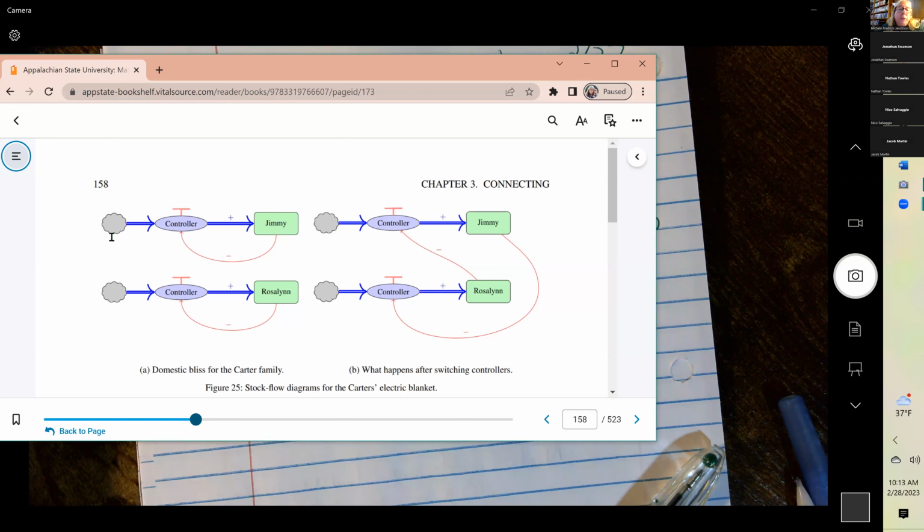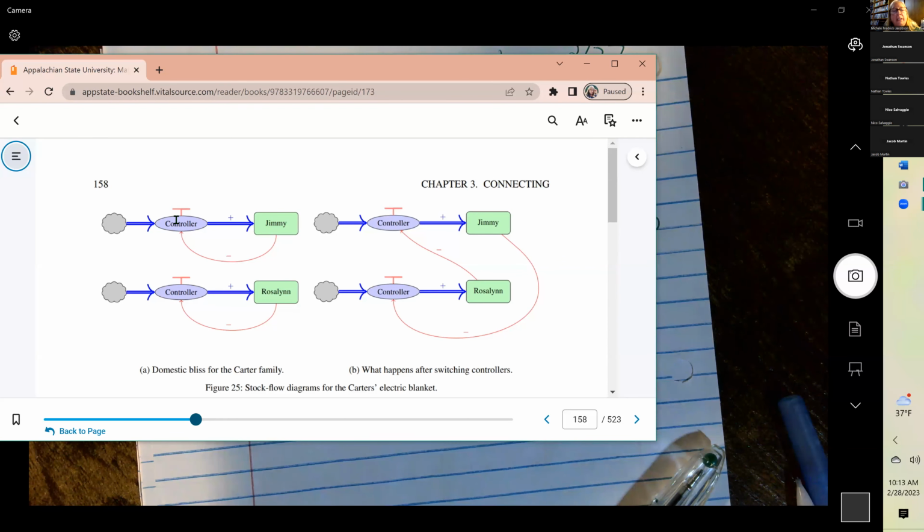Now this one is showing when they get it put on the right side. Notice, they're not taking into account heat escaping or loss of heat, but they have the controller set and he gets the percent of heat that he wants. And then this is an increase in heat. The controller lowers or stops until it finds that it needs to start again.